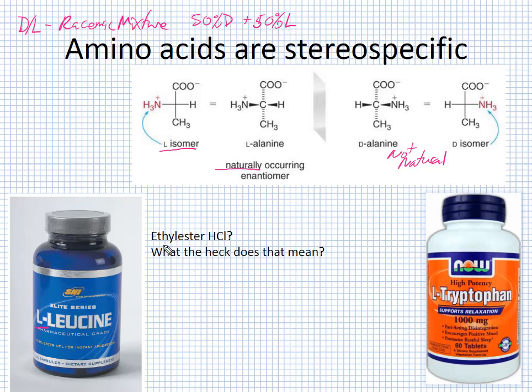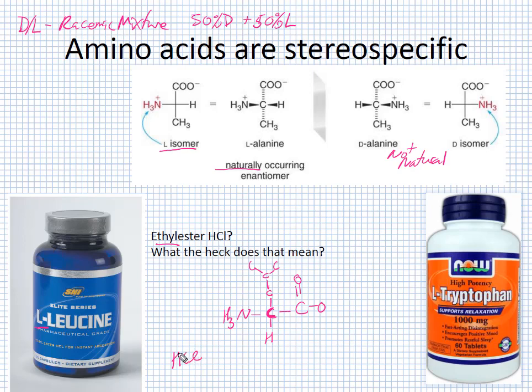So let me just talk about what we mean by this ethyl ester. If we look at leucine here, the side chain for leucine, if you recall, was 4 carbons, looks something like that. First it says ethyl ester HCl.